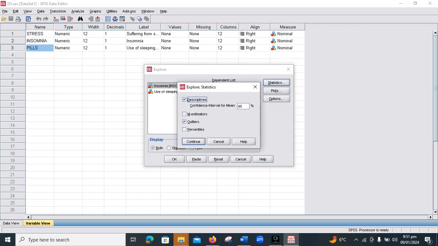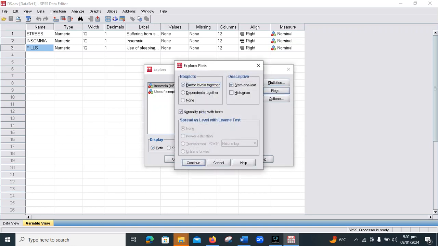Click on statistics. So descriptive, the confidence interval for mean 95%, that is a standard, so 95% is good. Click on outliers, only outlier is enough for you. Continue. And plots, keep in mind to click on normality plots with tests.